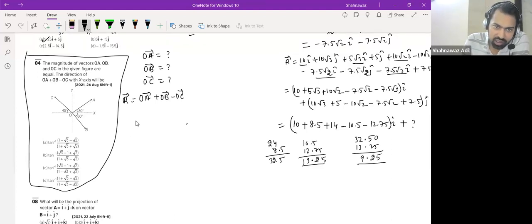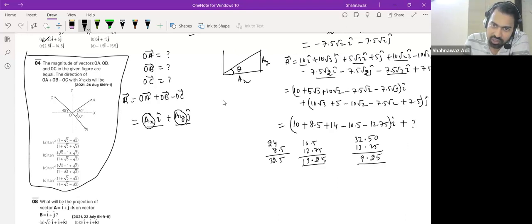So this will come out in the form of, let's say, AX I plus AY J. Right, so the result will have the X component and the Y component. So just remember this is the Y component, this is the X component.